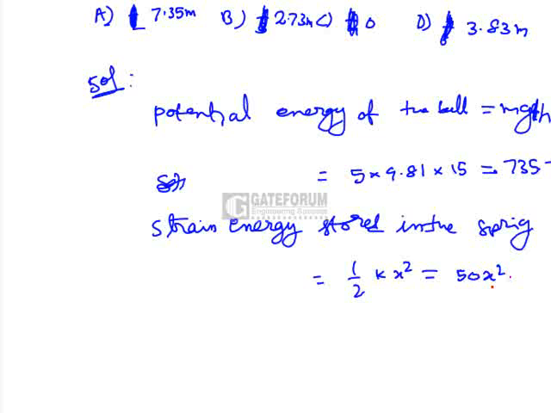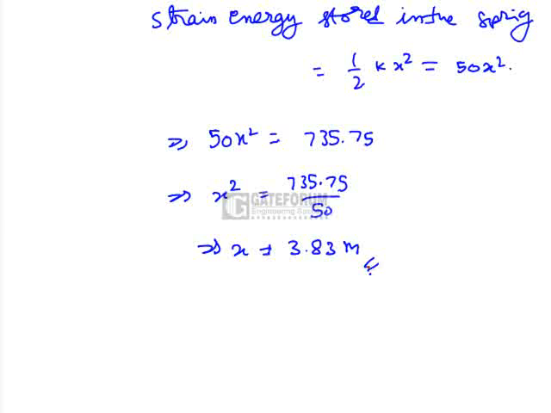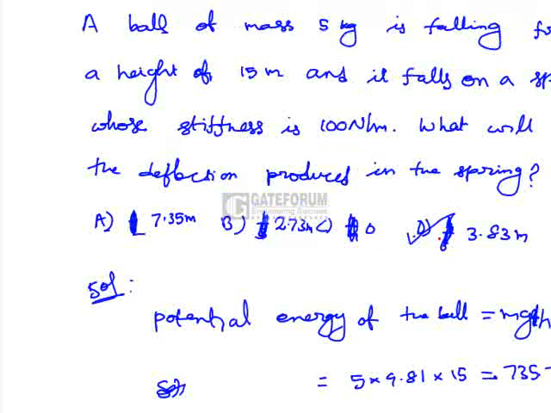Now we equate both strain energy and potential energy, so that we get 50x square is equal to 735.75. So which implies x square is equal to 735.75 by 50, and x is equal to 3.83 meters. So the correct option is D. D is the right answer.